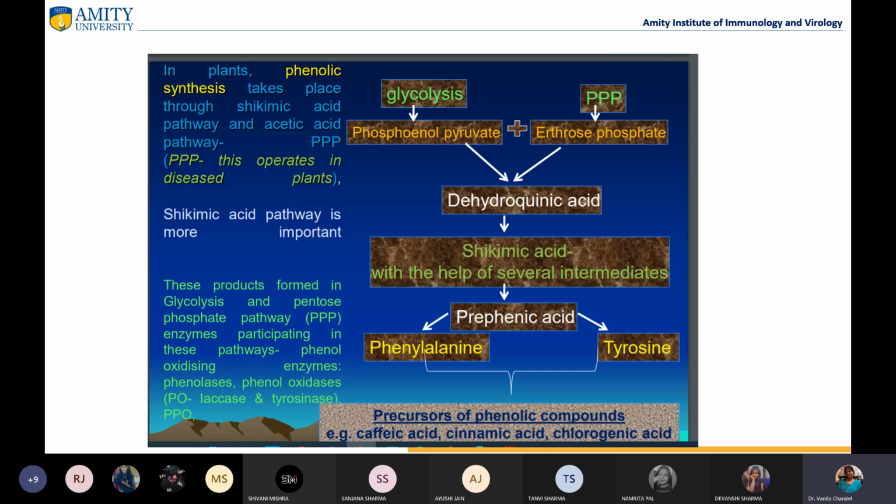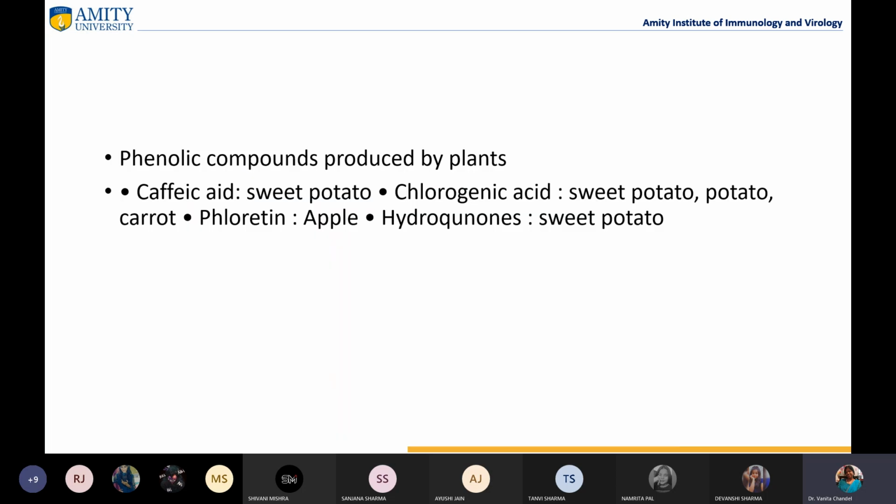So we are not discussing the mechanism here, right? So phenolic compounds produced by plants are caffeic acid in sweet potato, chlorogenic acid again in sweet potato, potato, carrot, phloretin in apple, and hydroquinone in sweet potato. So these are the phenolic compounds which are being generated by the host plants in response to the pathogen.